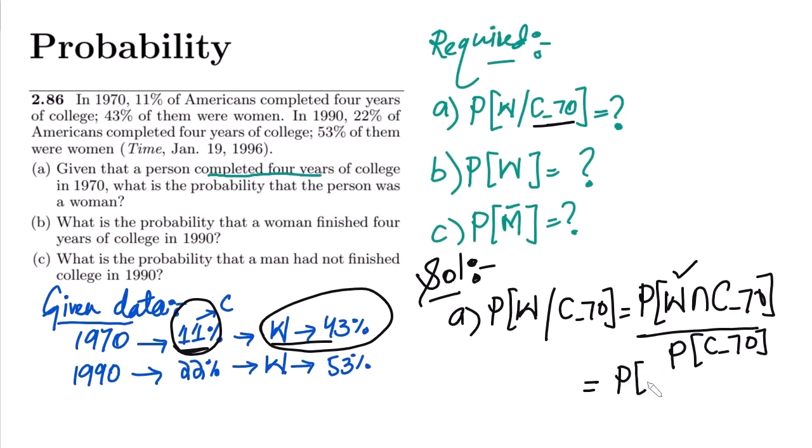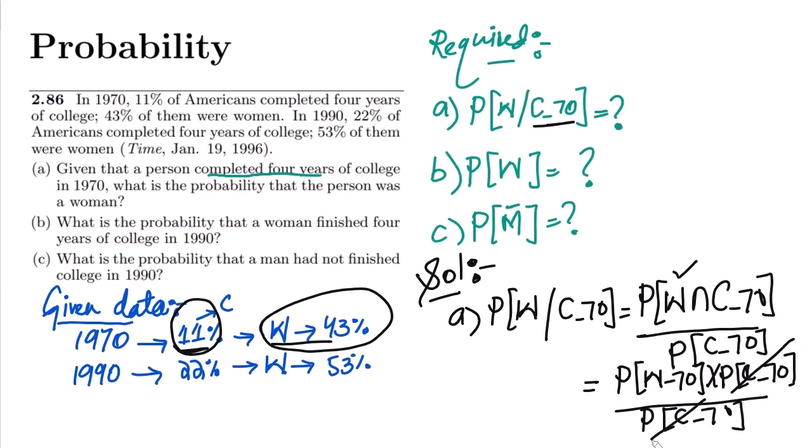So the probability of a woman in 1970 completing the college degree, multiplied by the probability of completion in the 70s, divided by the probability of a college degree in the 70s, which is also given here.